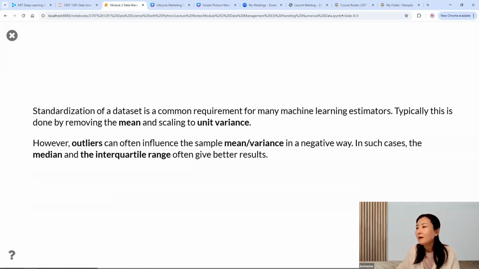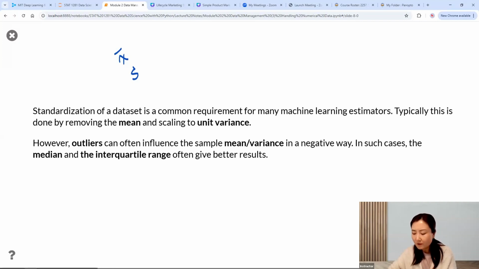Sometimes your data is quite normal, namely roughly symmetric, or at least unimodal and not severely skewed. Then the mean and standard deviation are good quantities to measure the center and the spread of data.